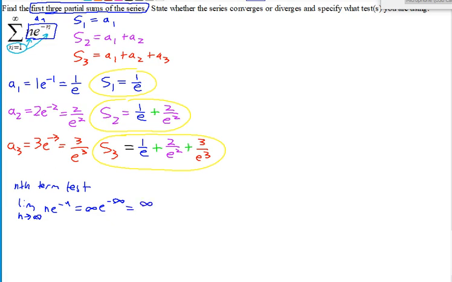So you have infinity over e to infinity, but e to infinity, remember, is exponential, is larger than the polynomial here. So this one actually is going to equal 0. So if it wasn't 0, we'd know it diverges, but since it is 0, that means it might converge. And you can see this one doesn't fit the p-series, so far the only other test we have is the integral test.